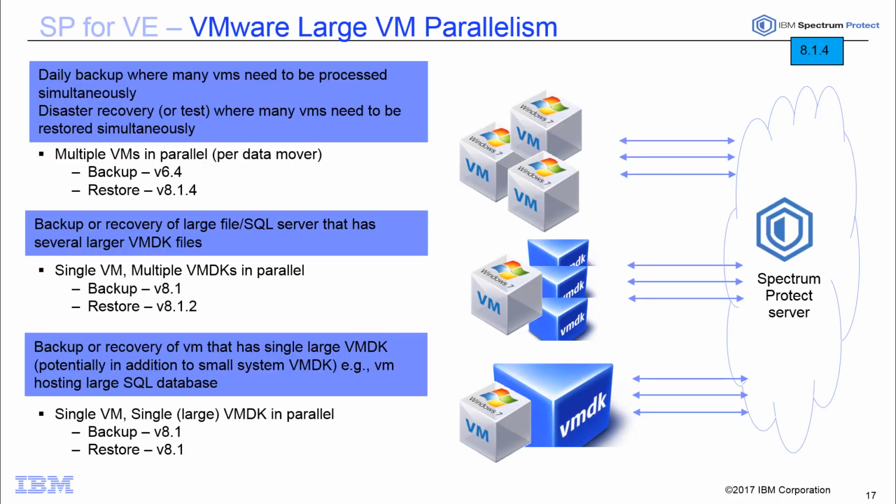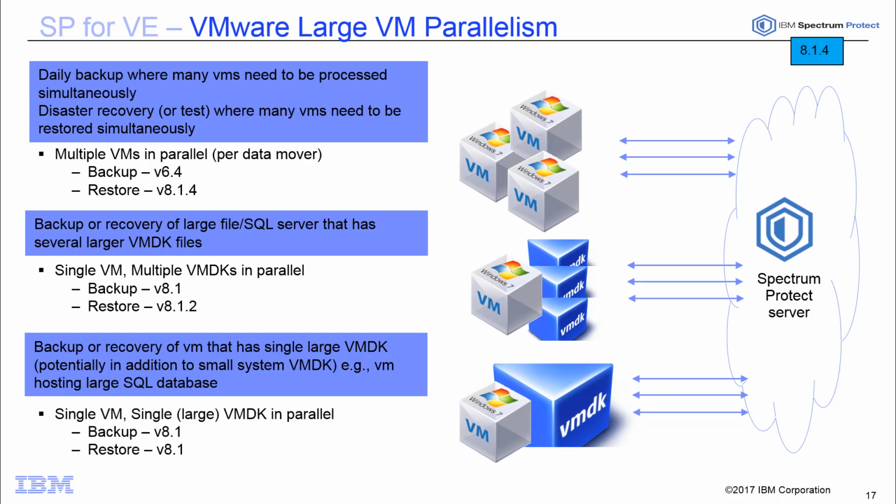As you probably know, in the last agile releases of Spectrum Protect for VE we've been adding continual performance improvements and parallelism for restores. And we've covered various cases for large virtual machines with single large VMDKs and also with multiple VMDKs.